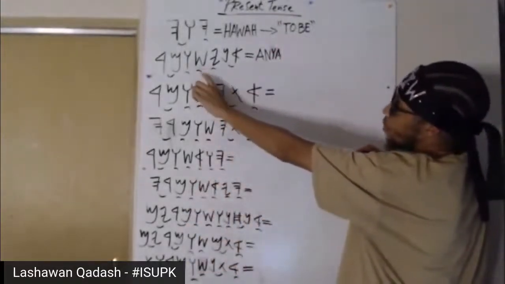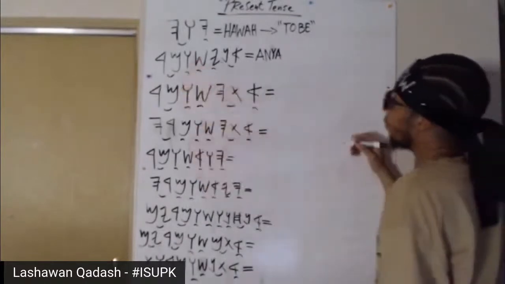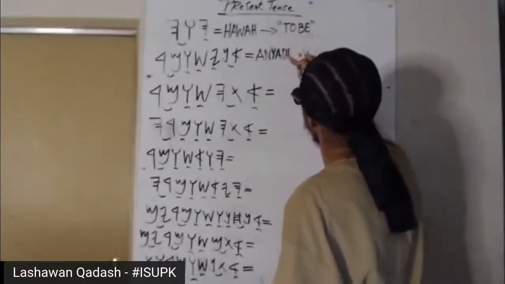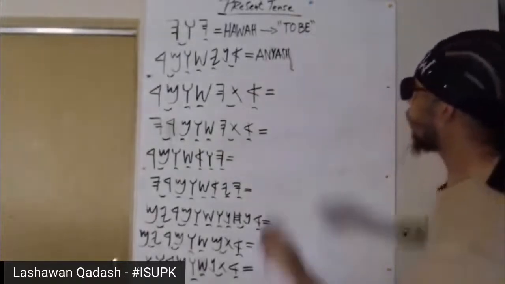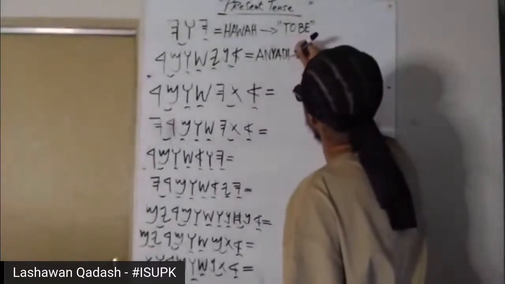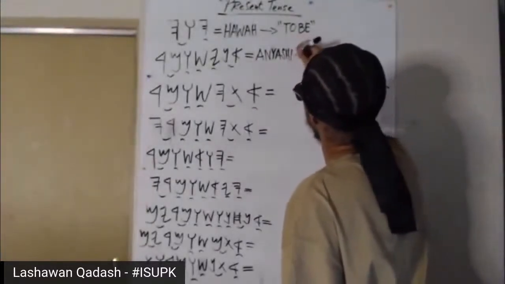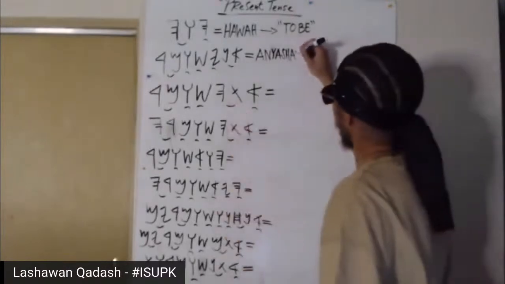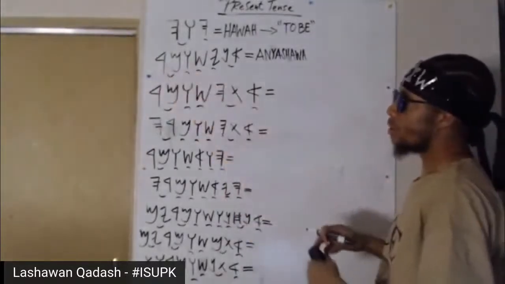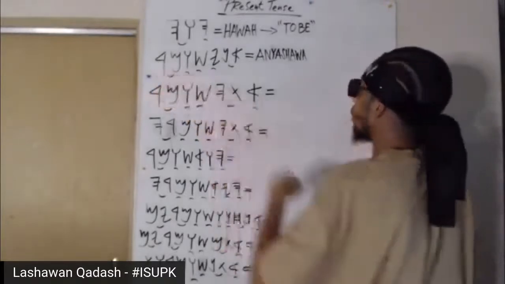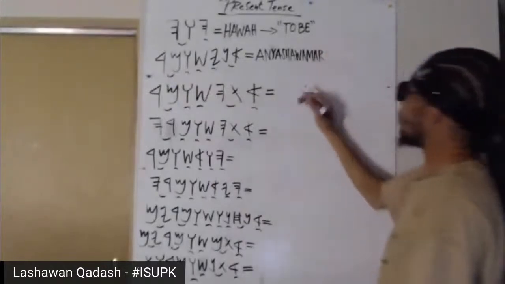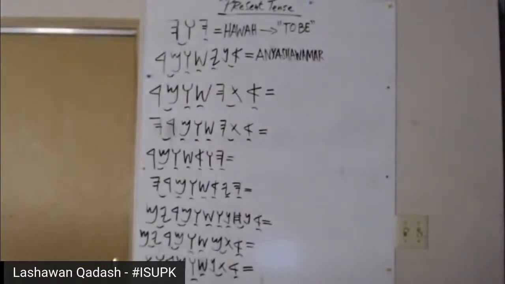Then you have the sh and the wa by itself, S-H-A, and then the wa, W-A. Then you have the ma and the ra, which is mar, because towards the end of the word the A drops off. So M-A-R. Anya shawamar.